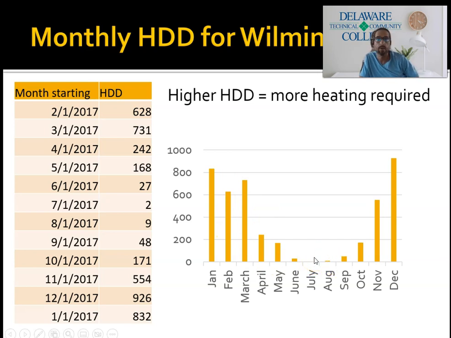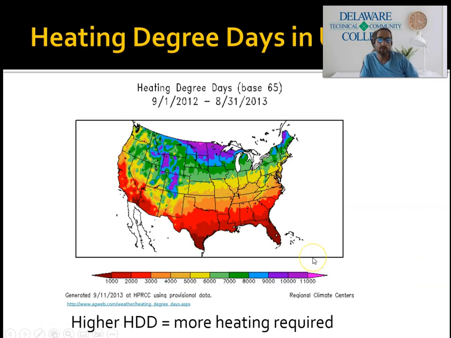It's much warmer in the summer, and then it goes back up in the fall and winter. If you want the total HDD for the year, you just add all of these up. That's how this map was generated. It took all of those different days and added them up for an entire year, and then you put it on a map, and that tells you the HDD. So that's how you generate an HDD.